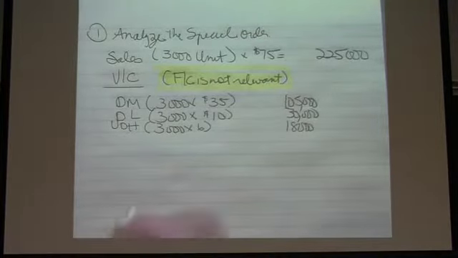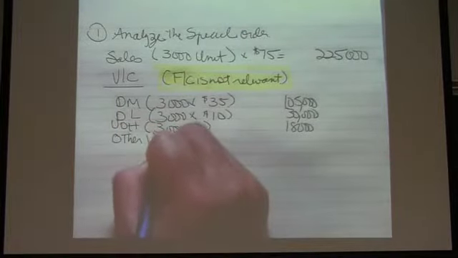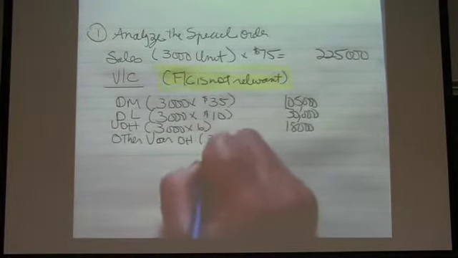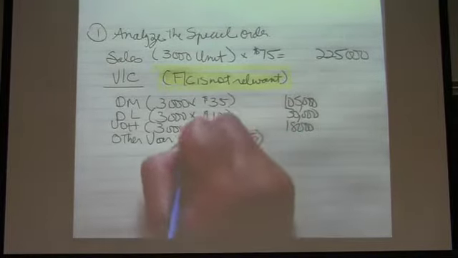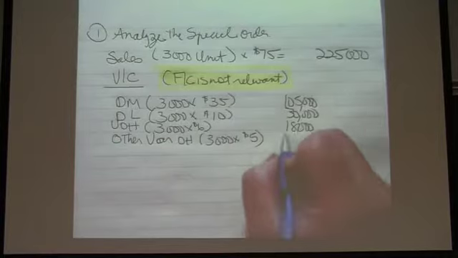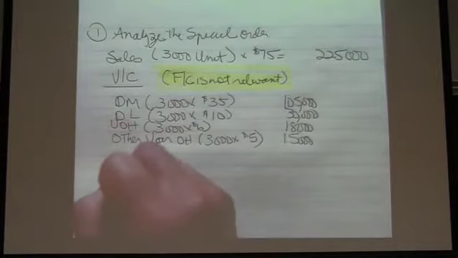Other variable cost is 3,000 times $5. And remember, the sales commission, she's willing to accept a flat fee of $8,000.